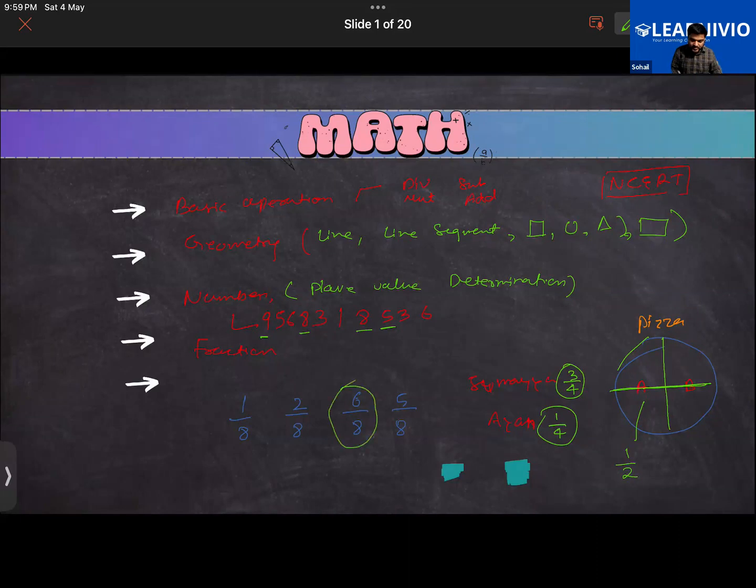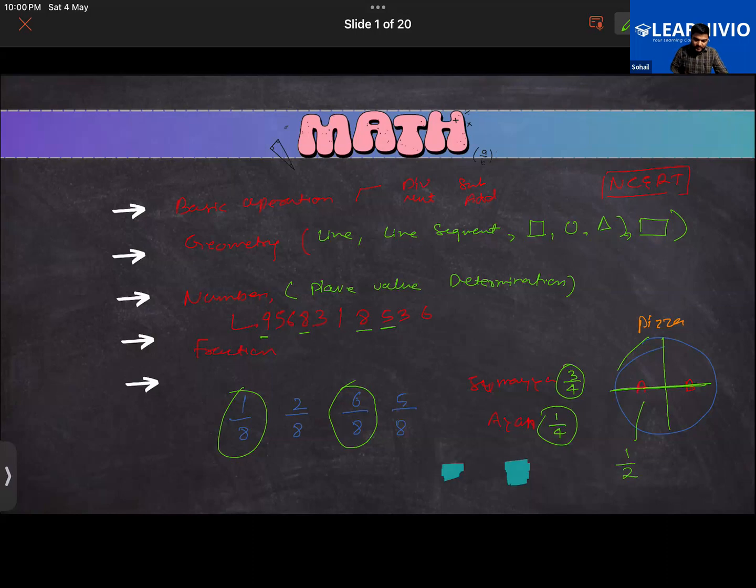It is 6 upon 8. Getting it now? Or which is the smallest? 1 upon 8. Getting it now?